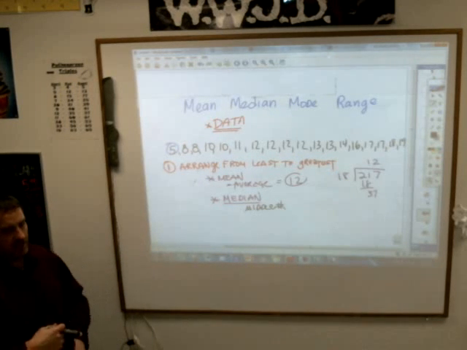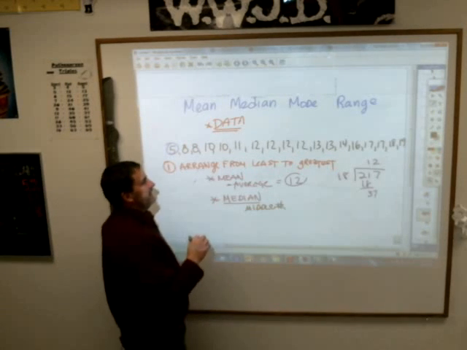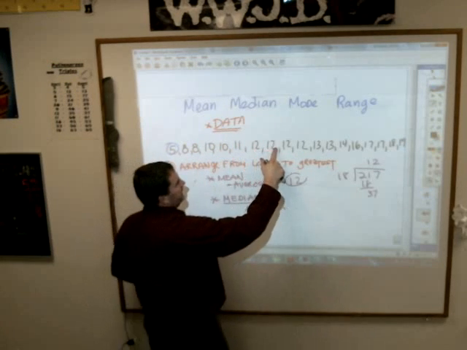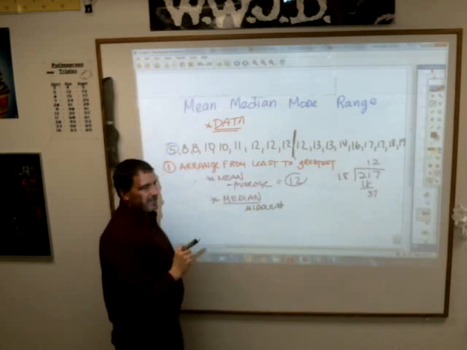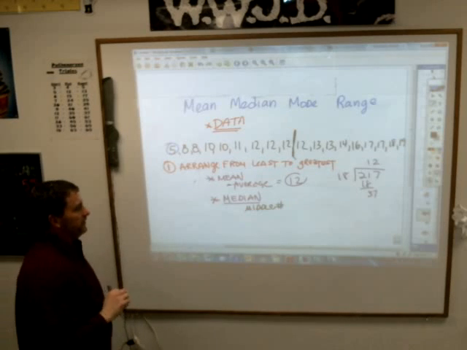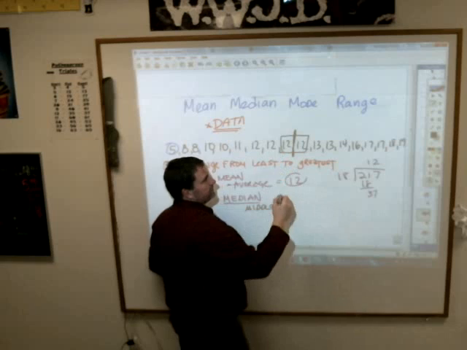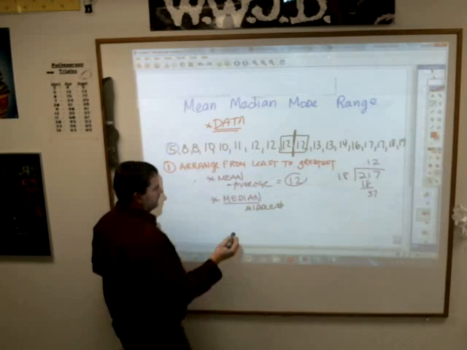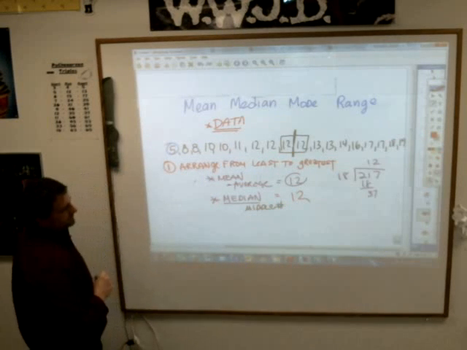This is kind of tricky, actually. 9 is actually not the middle. 1, 2, 3, 4, 5, 6, 7, 8, 9. Here's the middle. There is no number that is exactly a middle. If it was an odd number, there'd be one middle number. When there's no exact middle number, you look at the two middle numbers and find their average. Well, what's the average of two 12s? So the median is 12.